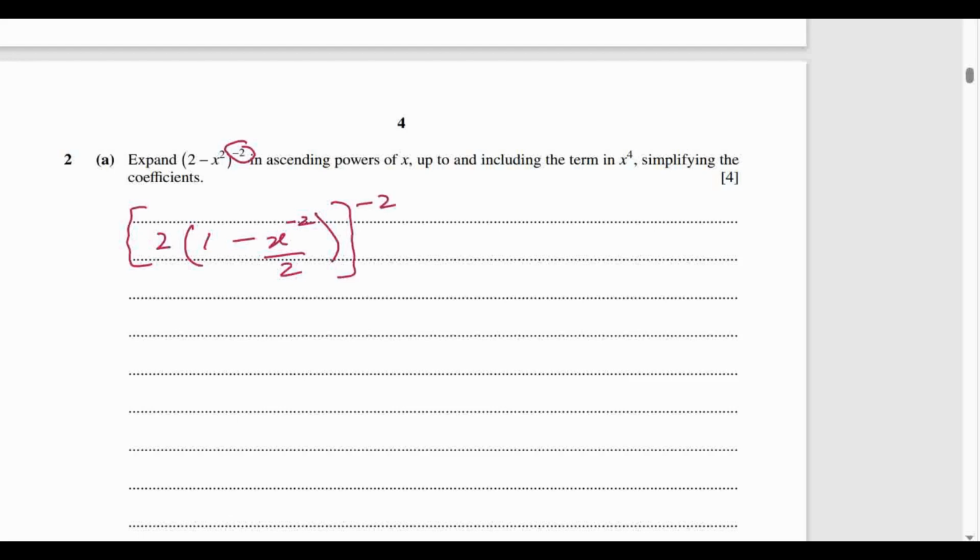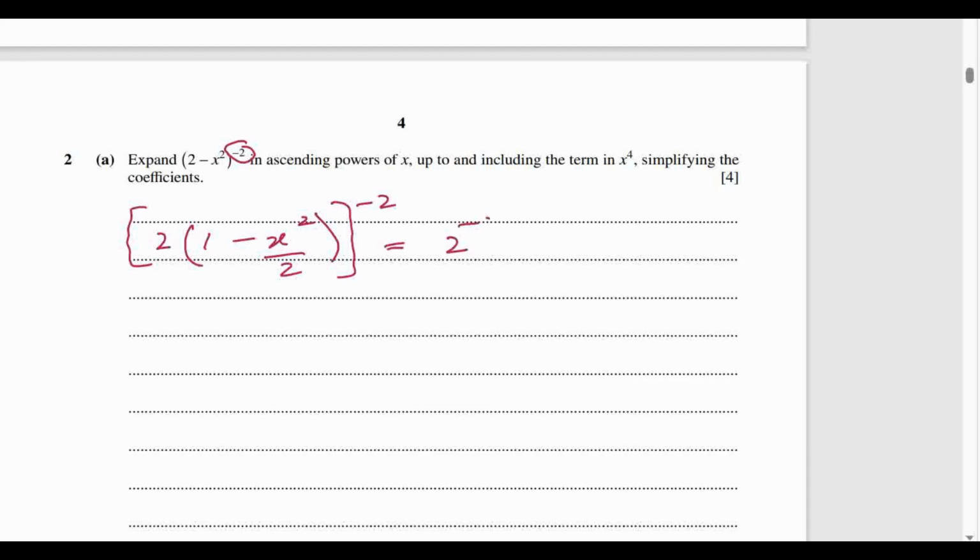Now from here we can see this should be positive 2. Yes, this should be positive 2. Okay, now the next step is we can use the properties of indices.